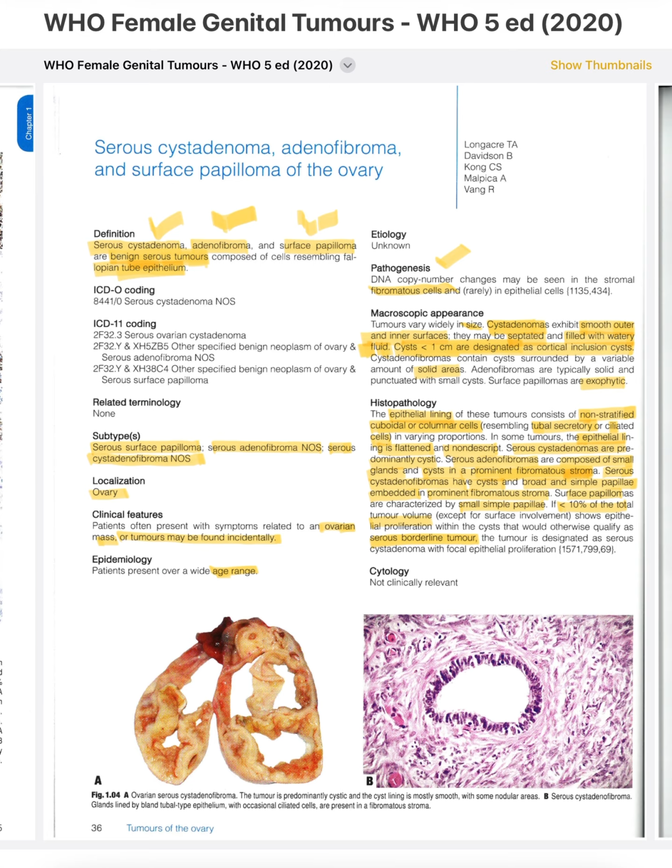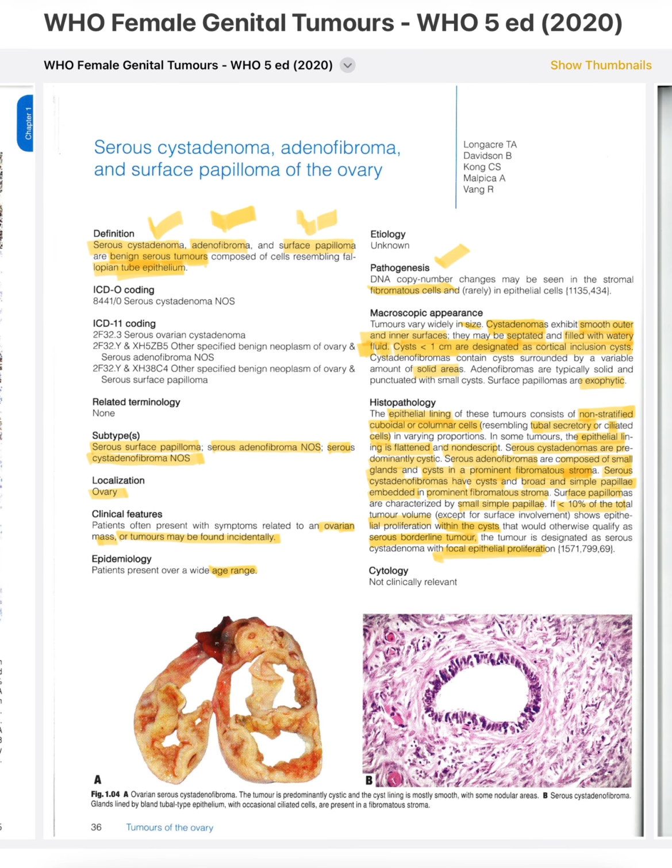So what it is saying is, if less than 10% of the total tumor volume shows epithelial proliferation within the cyst that would have otherwise qualified as serous borderline tumor, the tumor is designated as serous cyst adenoma with focal epithelial proliferation and not serous borderline tumor.